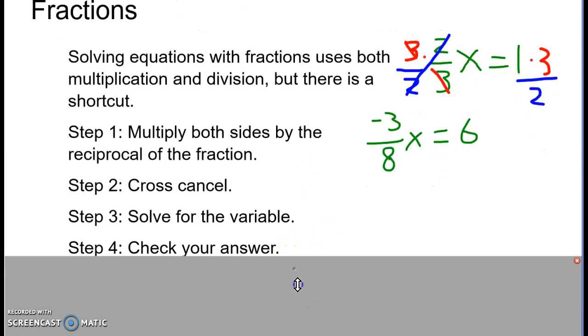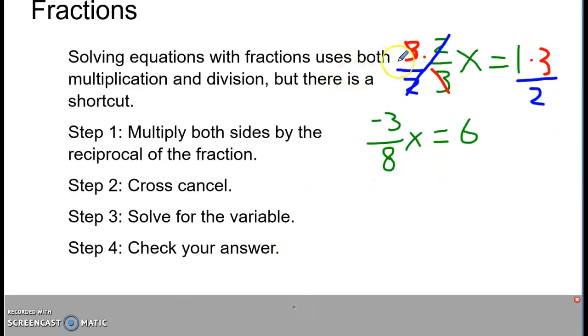So instead of bothering with doing the multiplication and then doing the division and having extra steps, we are just going to multiply both sides of our equation by the reciprocal of the fraction. Okay, so instead of negative 3 over 8, we're going to multiply it by 8 over negative 3 to both sides.